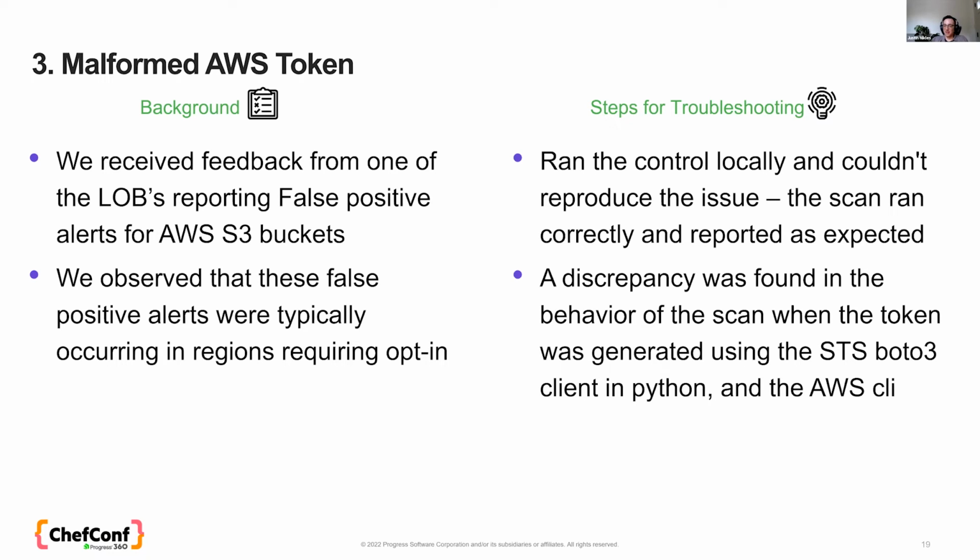The difference that we ended up finding is that Rohit was generating his access token to this account using the Boto3 client in Python for STS, and I was using the AWS CLI. So that's the only thing that we could come to decide was different between what we were doing.